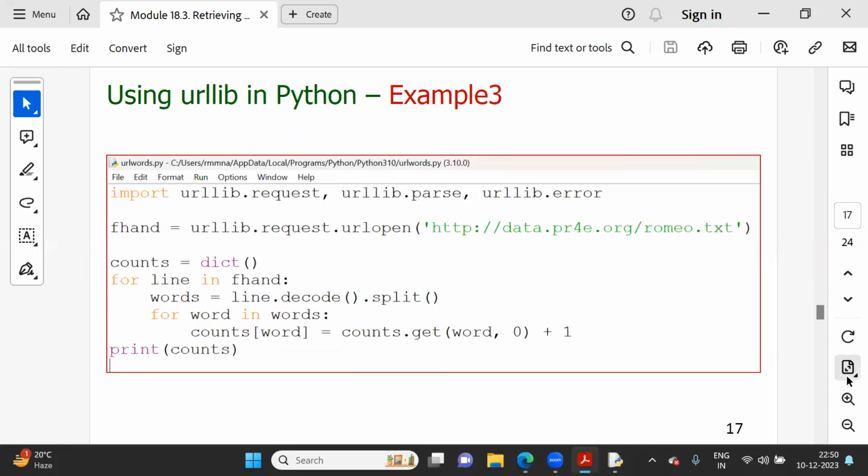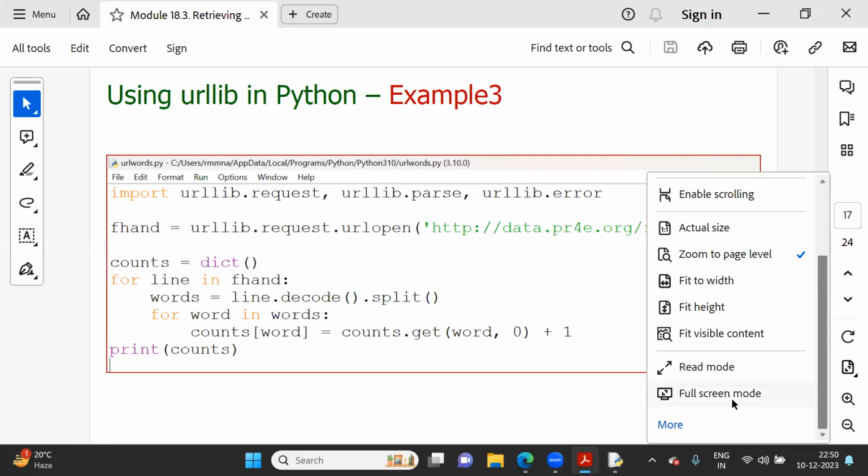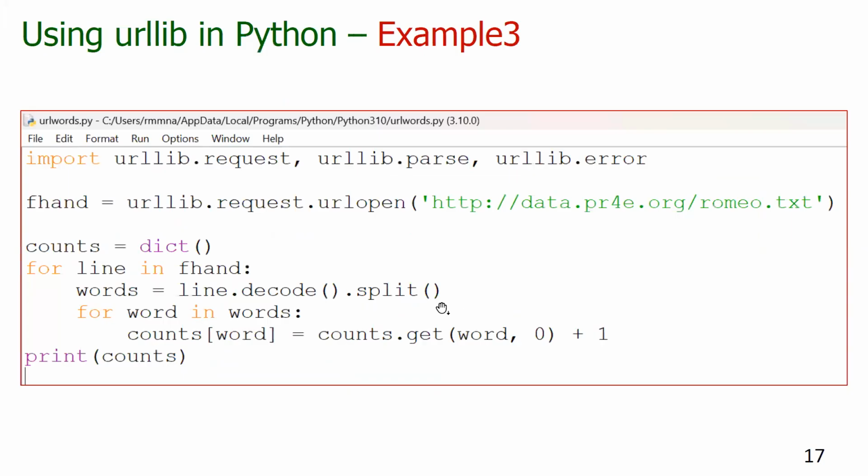We have another example also, the same urllib. Now in this, what we are doing is the same program as the previous example. Here you can see urllib.request is there, urllib.parse is there, urllib.error is there.